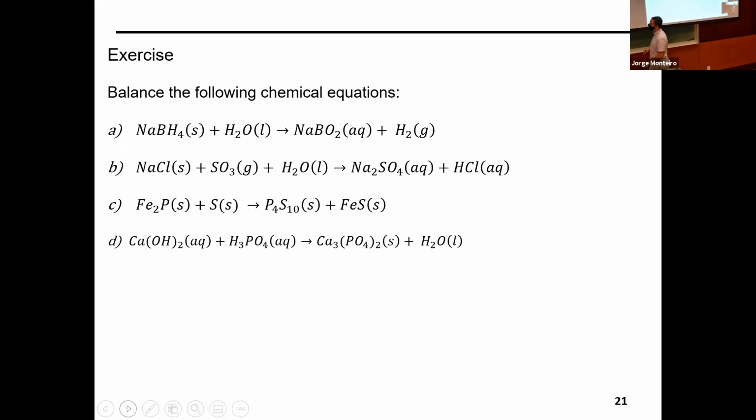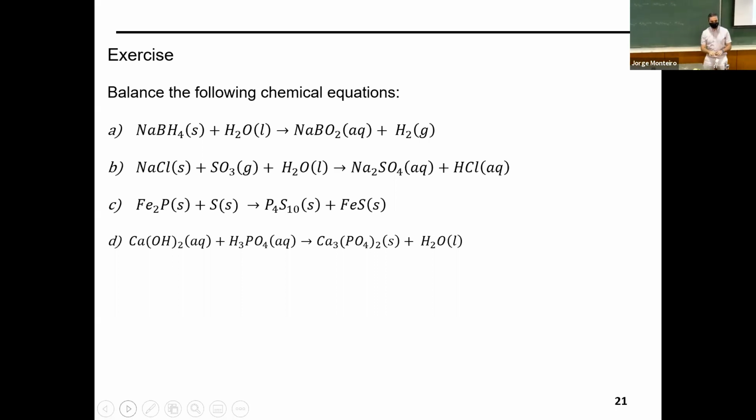So if you look here, I only have sodium in one of the reagents and only in one of the products. So that sometimes is easier to start with. And same thing for boron. Okay? So therefore, the only place that I can have to balance sodium and boron are here and here.